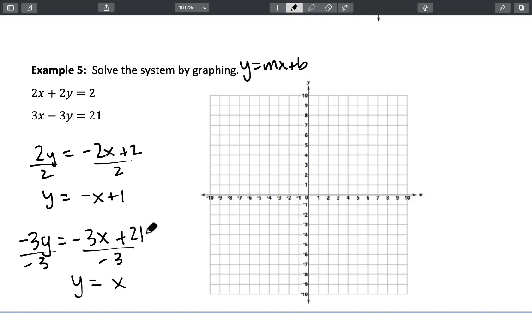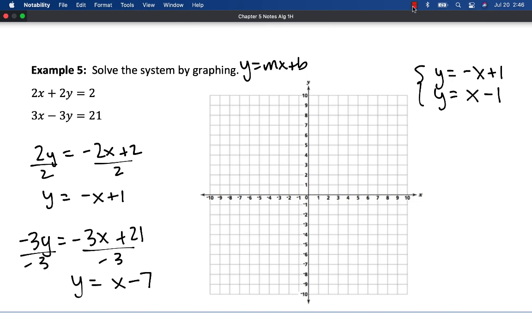And then a positive 21 divided by negative 3 is a negative 7. All right, so here is the system that we want to graph. y equals negative x plus 1 and y equals positive x minus 7. Go ahead and use your graphing calculators and graph those two linear equations, and we'll talk about the solution tomorrow in class.